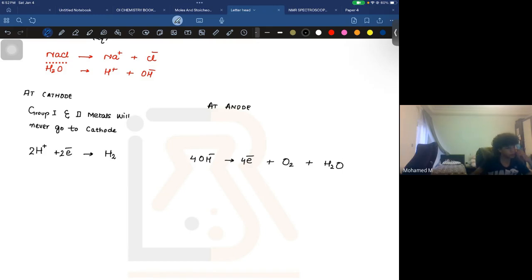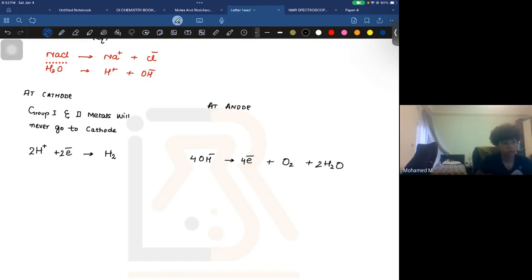This is four, and this is two. You're supposed to memorize this because in all the next classes we would be using this equation. This is for OH minus, whether the OH minus is coming from water or from any compound, let's suppose sodium hydroxide. But water is probably the most frequent.